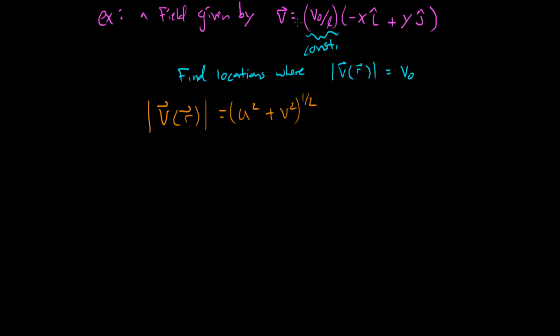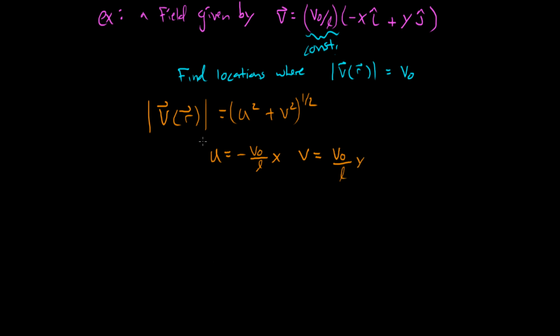So what are the components? Well, we can multiply this out real quick and discover that the x component, u, is equal to minus v0 over L times the position x. And the y component in the j direction here, we'll call that velocity v, is equal to v0 over L times y.